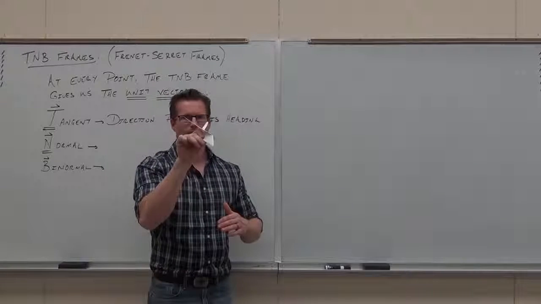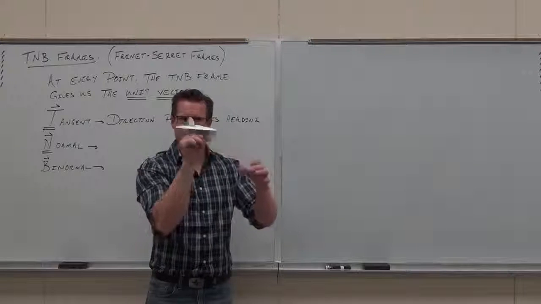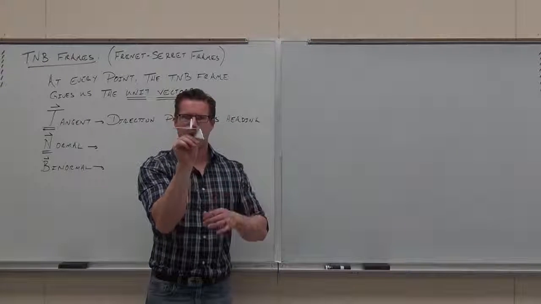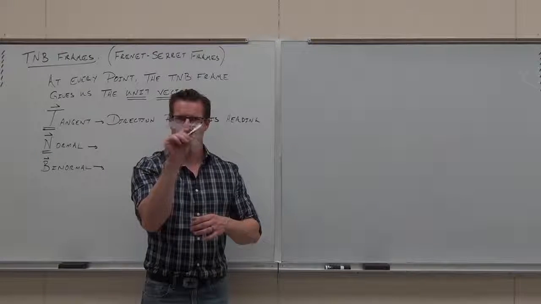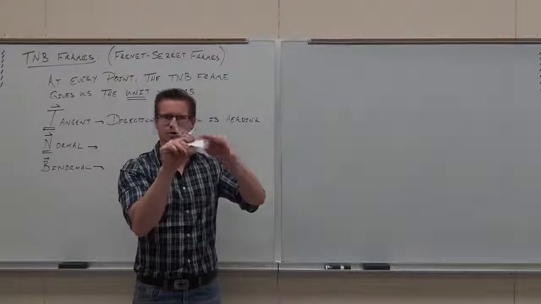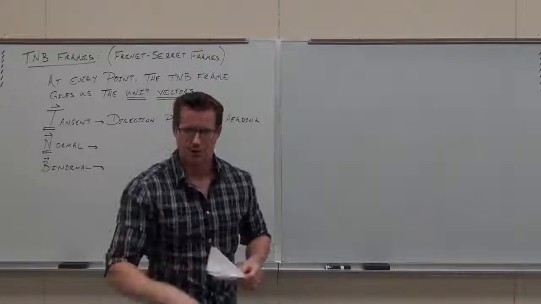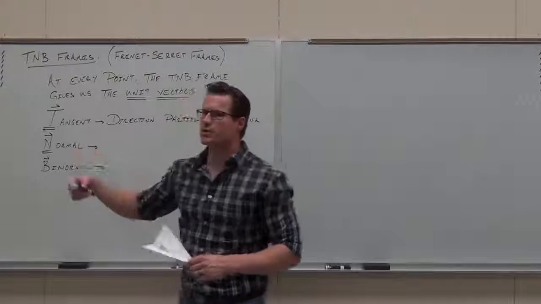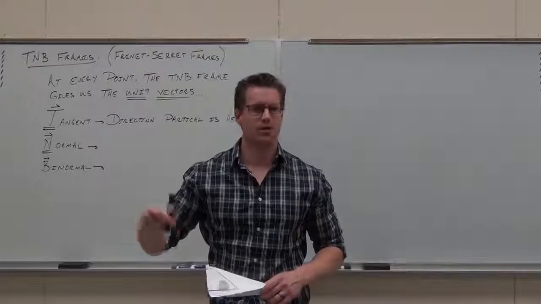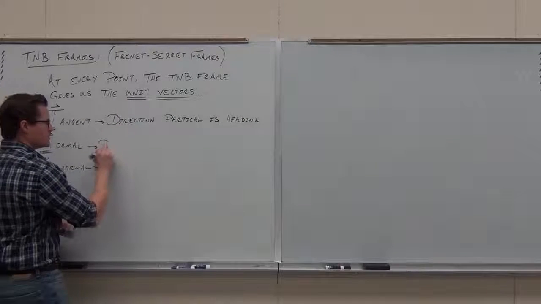I know that there's this little flap back here that can make them do this subtly. But let's pretend the only way they turn is if they are turning perpendicular to the tangent. And that would describe for you what the normal is talking about. So the unit normal, that's what this big N means. The unit normal is where the plane is turning, or where the particle is turning, or direction.